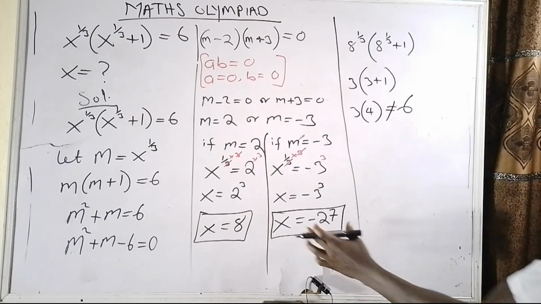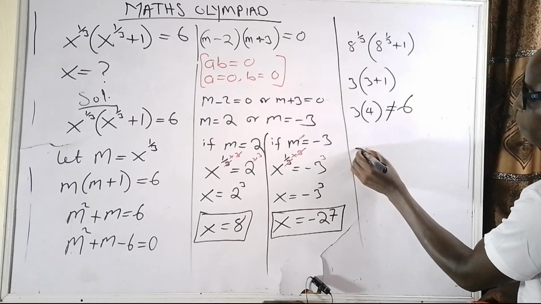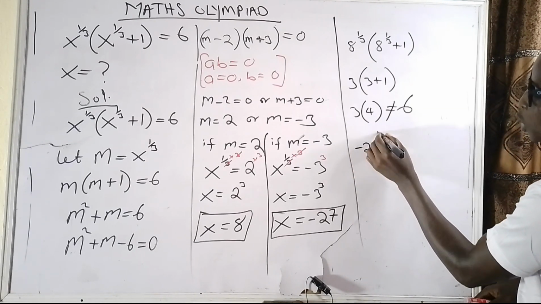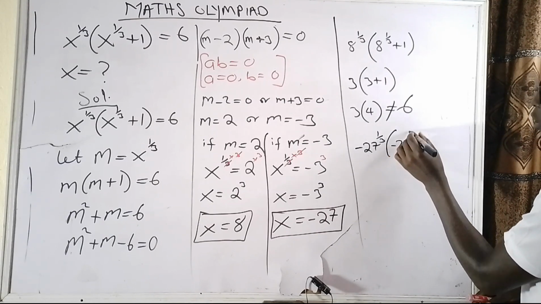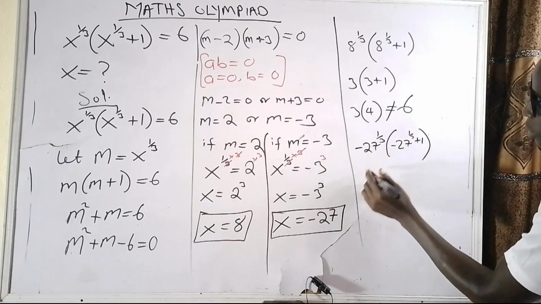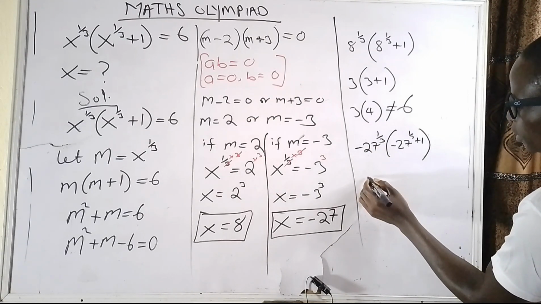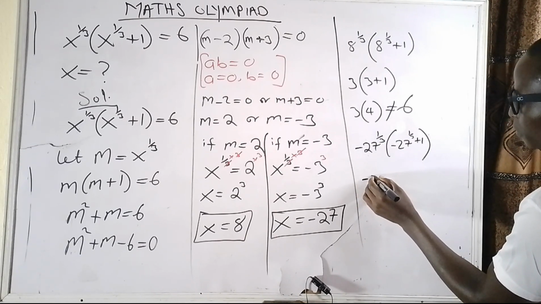So let's try and see whether this will satisfy the equation. I have minus 27 raised to the power 1 over 3, and minus 27 raised to the power 1 over 3 plus 1. This is the same thing as minus 3.